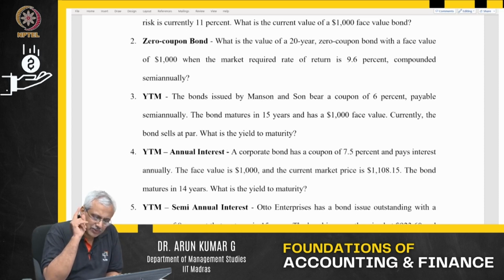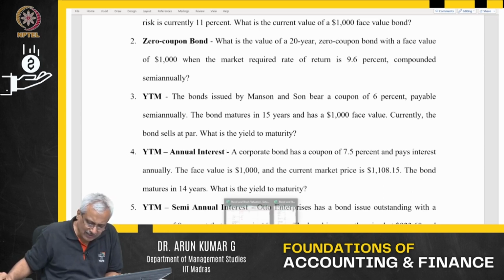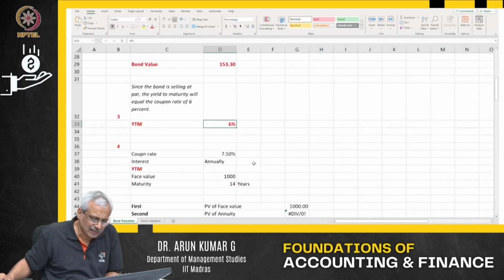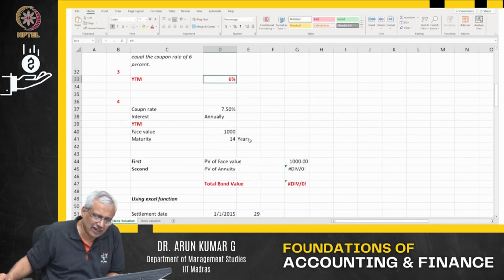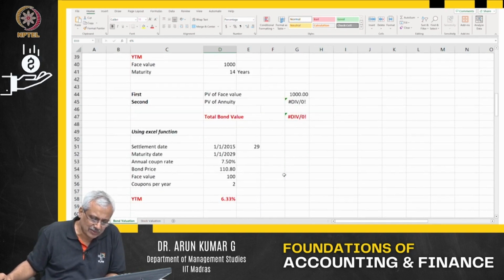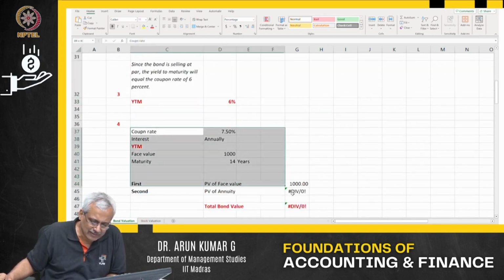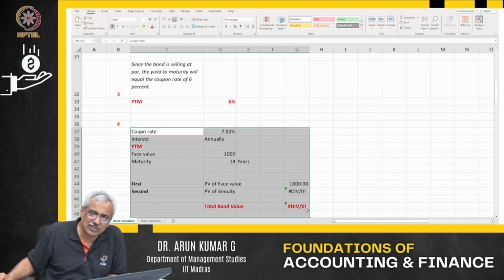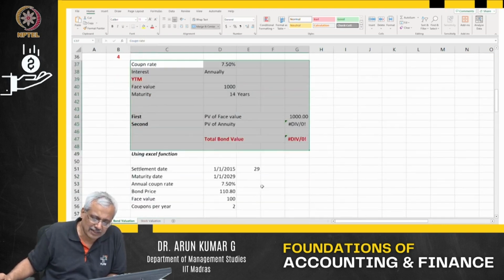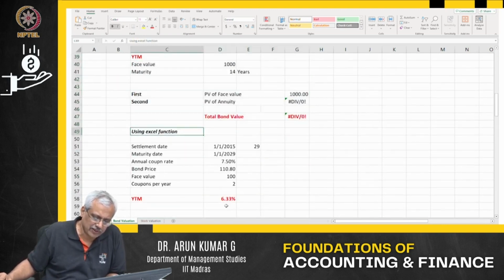The face value is $1000 and the current market price is 1108.15. The bond matures in 14 years. What is the yield to maturity? Simple thing, use Excel. This can also be solved using the goal seek function. I will come to that a little later. Let's use an Excel function out here.